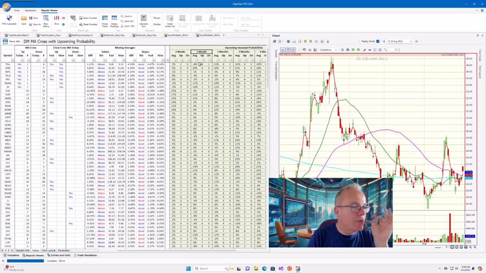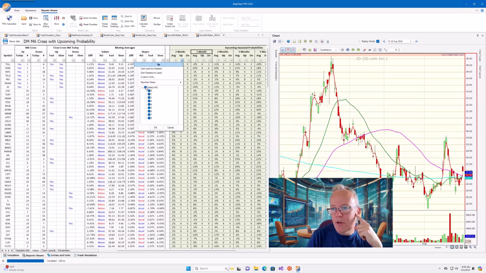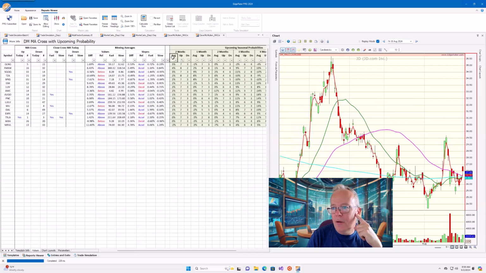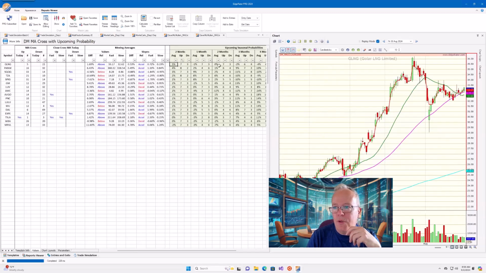And bearing in mind, I'm using my list of liquid options only, Dave, so it might be different to the list you're using. I might not have the stocks that you have in there. But I will sort this by 8s and 7s, basically, and average there. So again, GLNG comes to the top of that list.